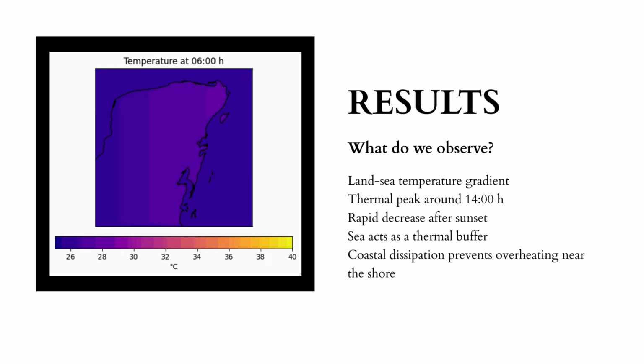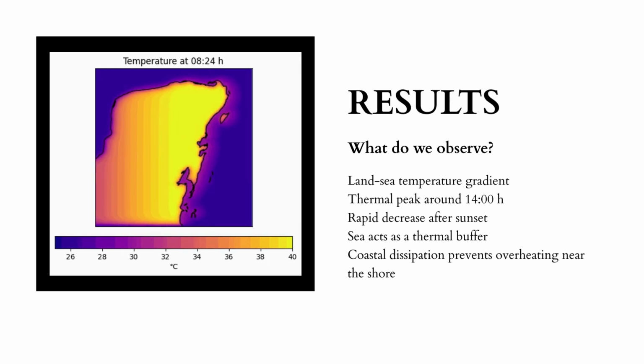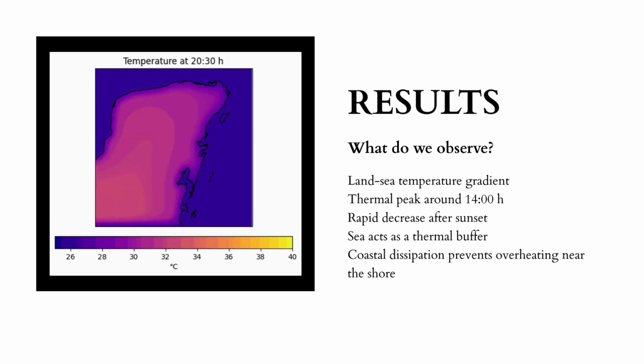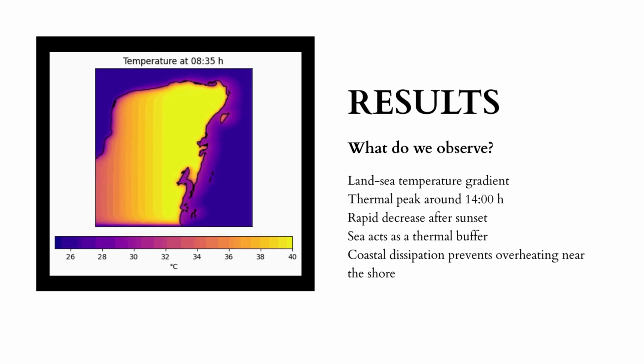As I told you before, the shore is cooler than the inner land, and the sea is way cooler than both of them because of the wind velocity involved in each of the three land considerations. The peak temperature is around 40 degrees, as represented in yellow, and the coolest temperature is about 25 degrees, as presented before.